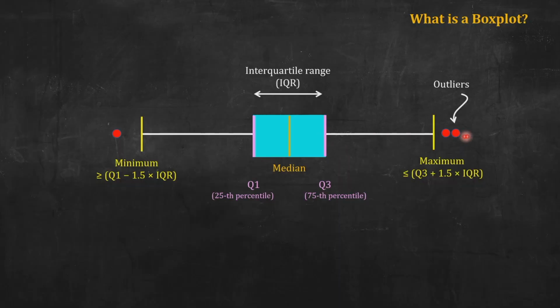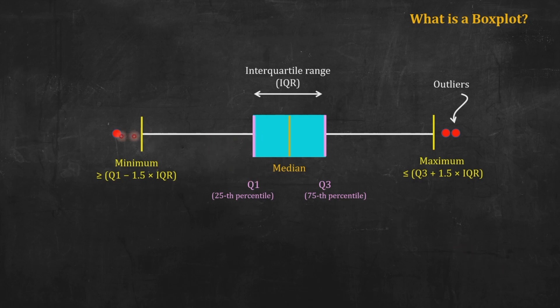So, this whisker on the higher side is going up to the data point which is within Q3 plus 1.5 into IQR, and this lower whisker is going down to the data point which is within the range of Q1 minus 1.5 into IQR. And then what does this red point represent?